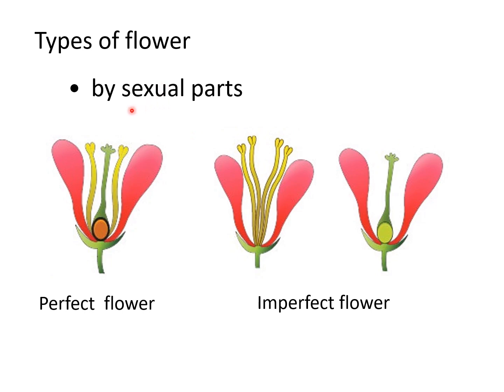But if we separate it by the sexual parts only, it can be separated into two types. The perfect flower is a flower composed of both stamen and pistil. Stamen and pistil are in the same flower. But if they are in separate flowers, we call it an imperfect flower. Sorry, this is the male flower and this is the female flower.